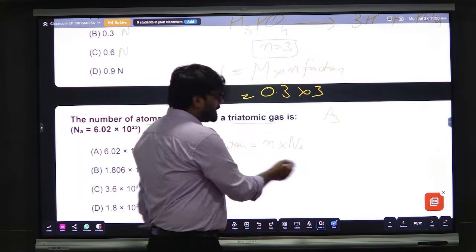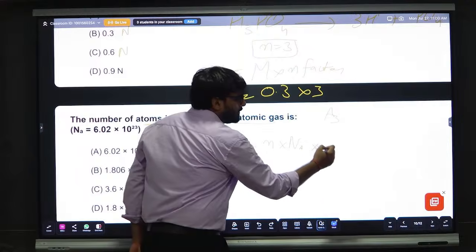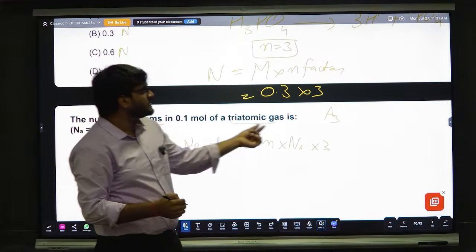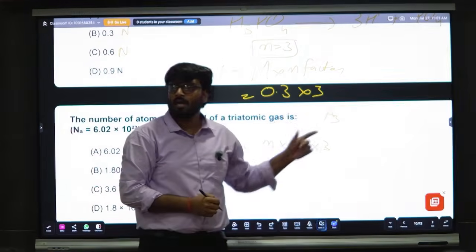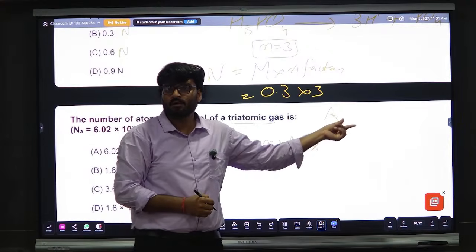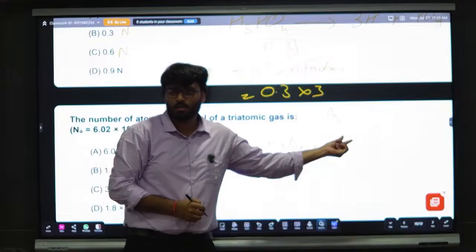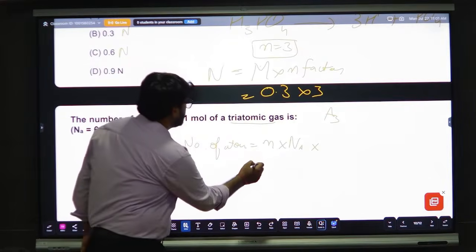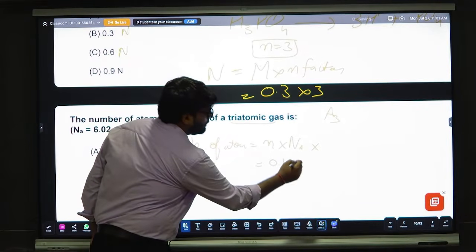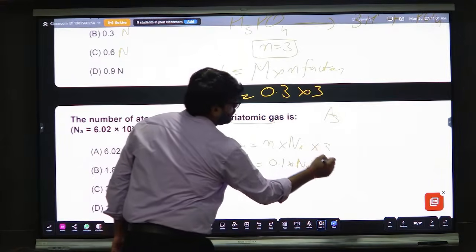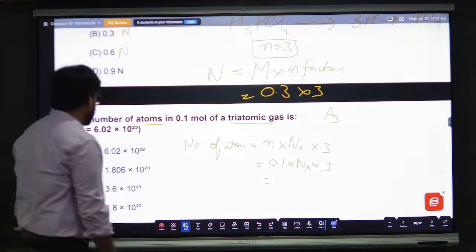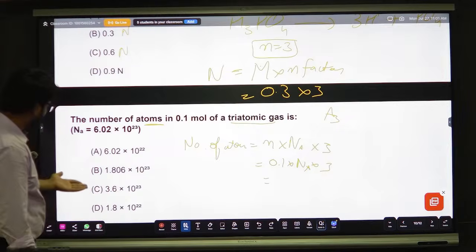So whatever answer I get, I have to multiply by 3 because it is asking for atoms. In 1 mole, I have 3 moles of atoms, so whatever n number of moles there is, I multiply by 3. Got it? Then just solve it: 0.1 into Na into 3. So 3 into N is around 1.8, something like that.